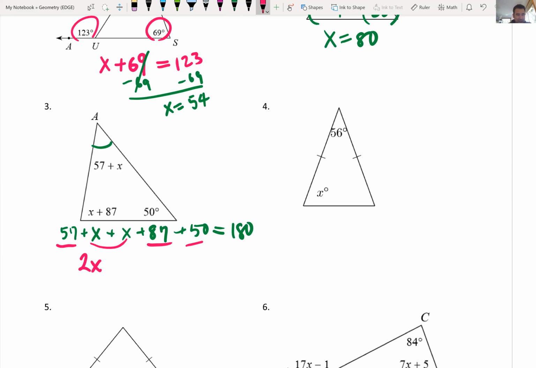What is that? 194. Equals 180. Now, what would you do next? Subtract 194.